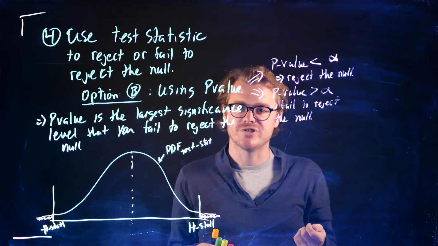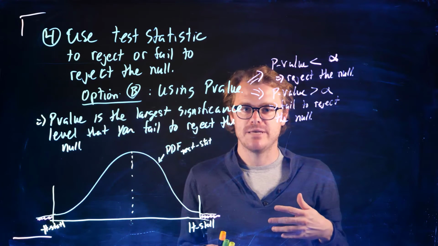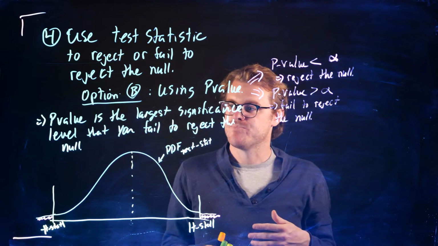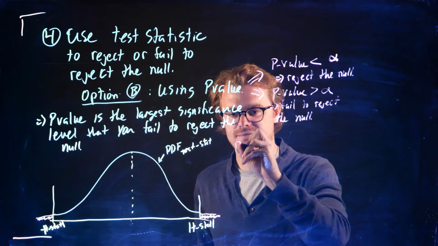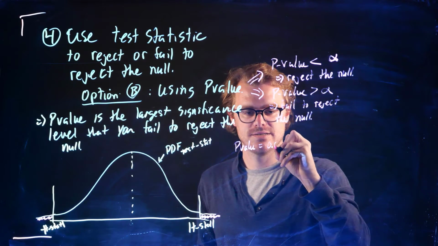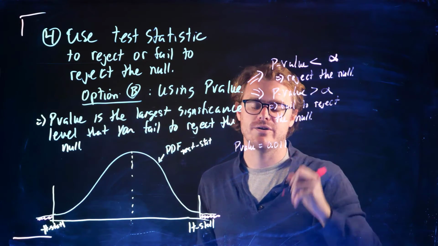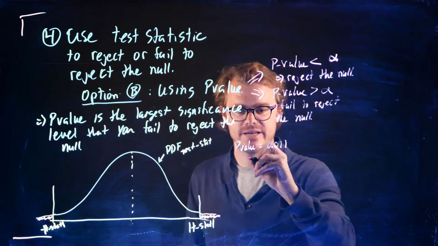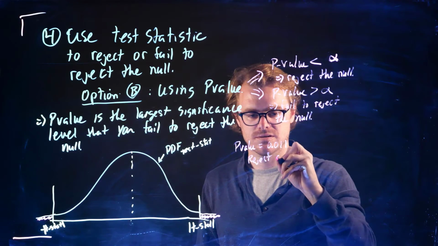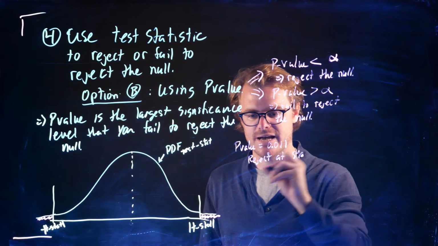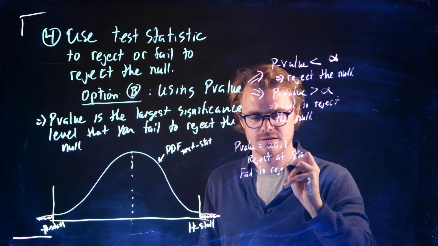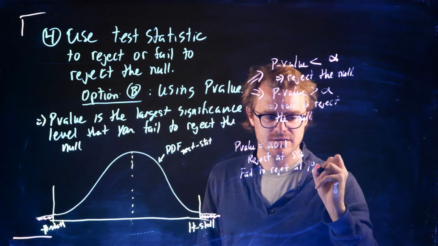This is more information. So if we had a p-value equals 0.011 or something like that, well, we'd reject the null at 5%, but fail to reject at 1%.